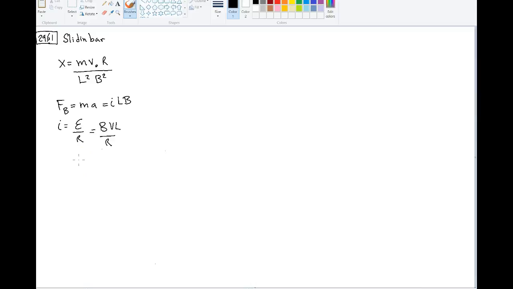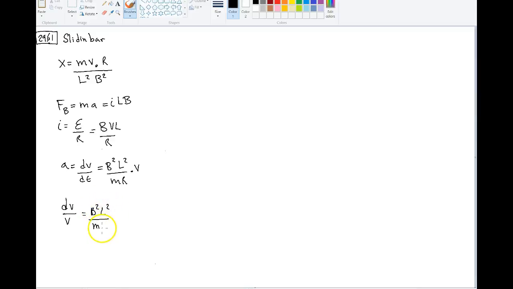So the acceleration, which is equal to dv dt, is equal to B squared L squared over mR times v. So that's the acceleration. So let's do dv over v equal to B squared L squared over mR times dt.